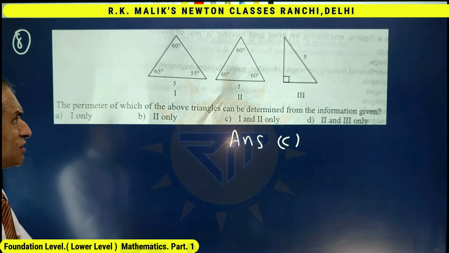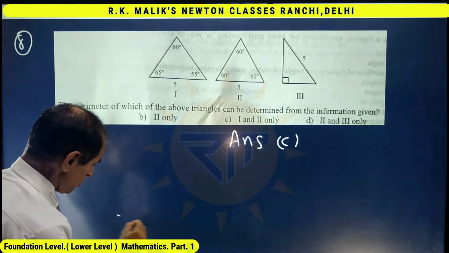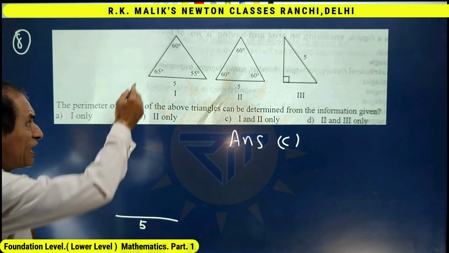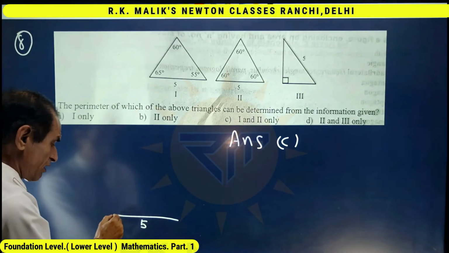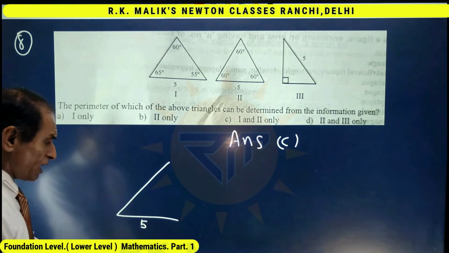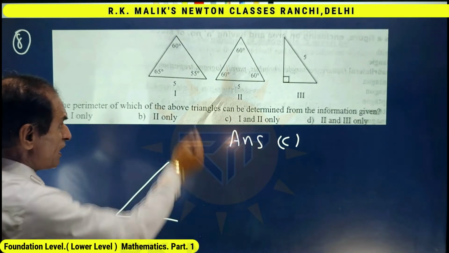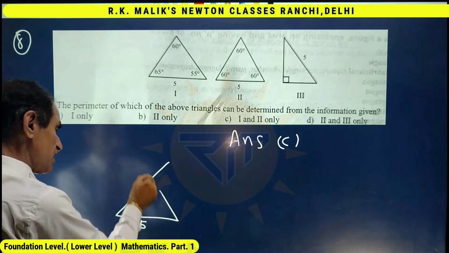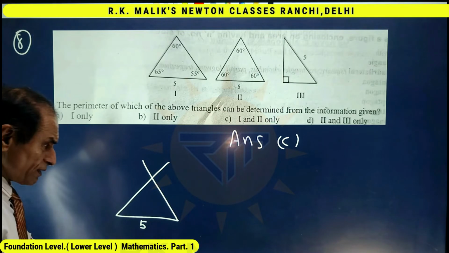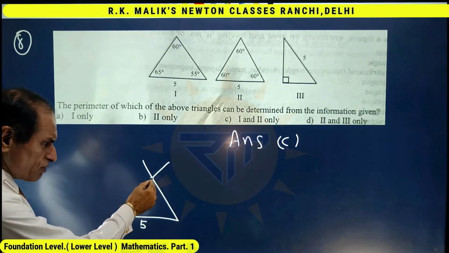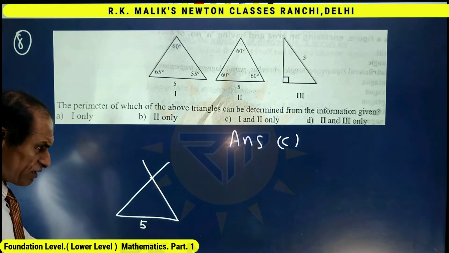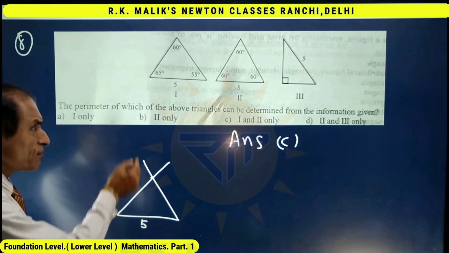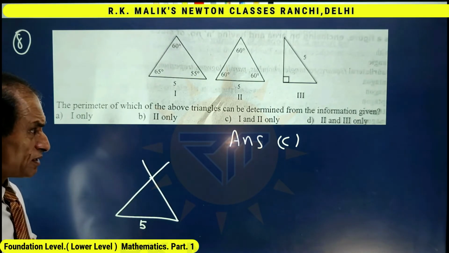If you want to draw this triangle, first of all you will draw a line of length 5, and because this angle is 65 degrees, at an angle of 65 degrees you will draw a line here, and according to this as 55 degrees, you will draw a line at an angle of 55 degrees, and wherever these two lines cut, you will get the third vertex, and in this way you have got a unique triangle by using this information.